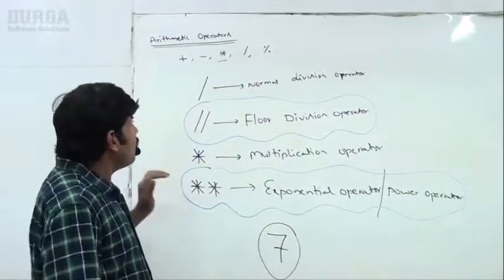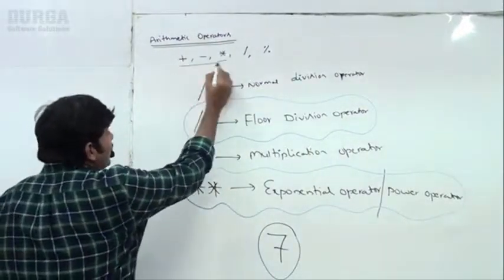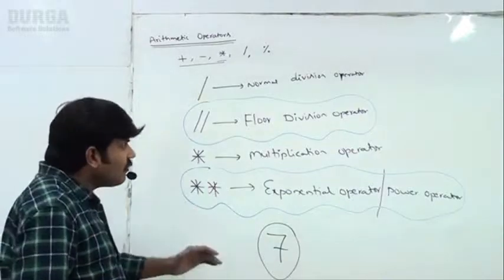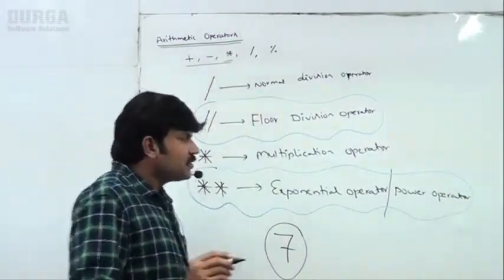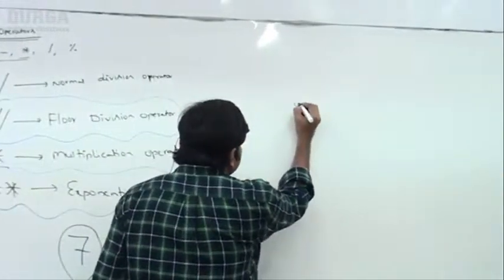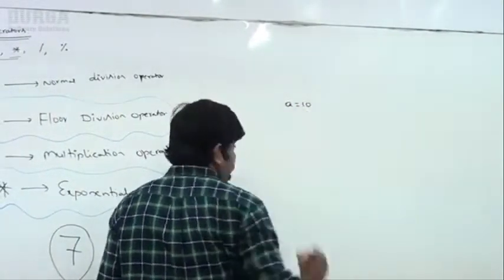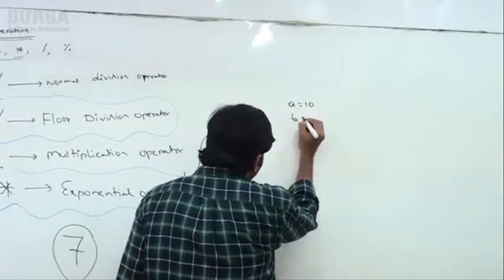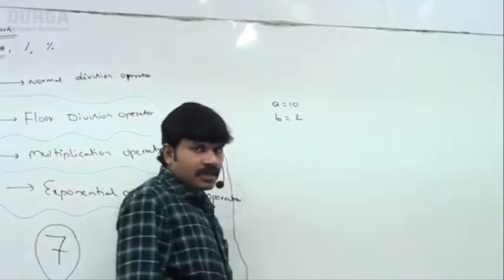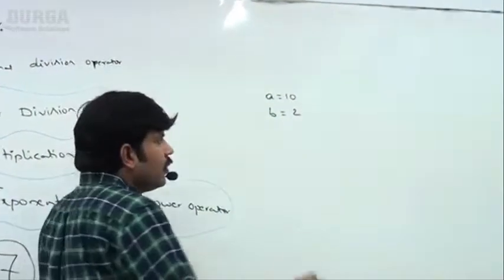So now let me talk about general operators, and then we will talk about the next level. Sir, if I take A is equal to 10, observe very carefully, A is equal to 10, B is equal to 2.